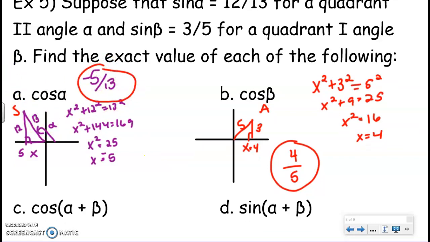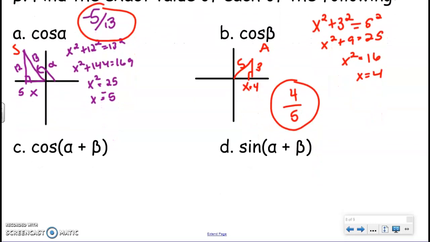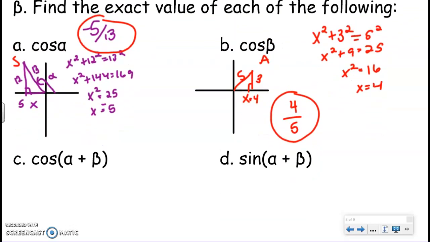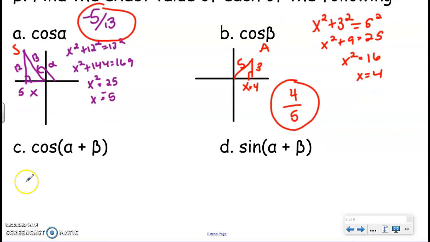Okay. Now that we know all of that, we can actually find cosine of alpha plus beta using the formula, and sine of alpha plus beta using the formula. So cosine, for our formula, is cosine of alpha, cosine of beta, minus sine of alpha, sine of beta.